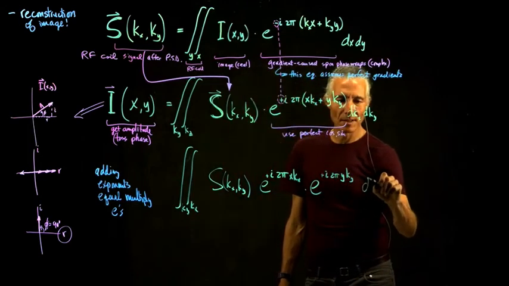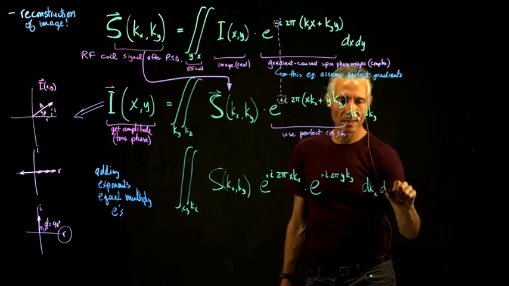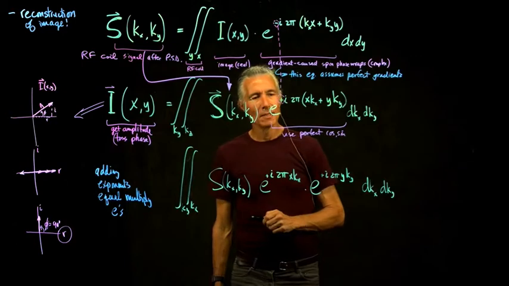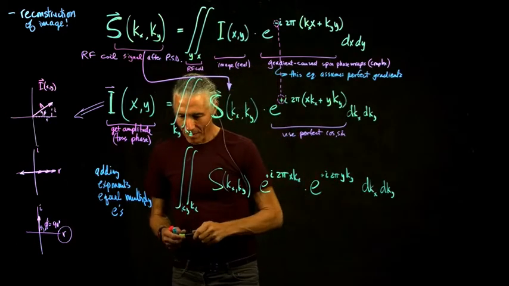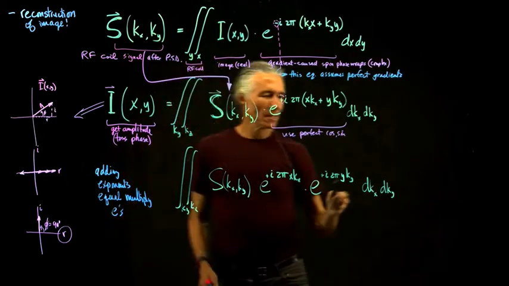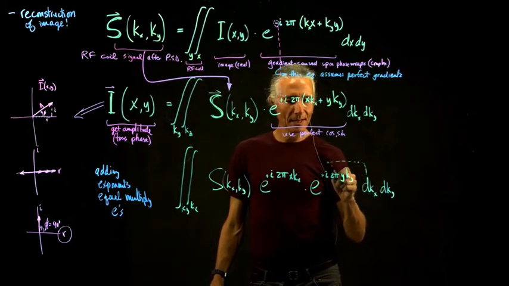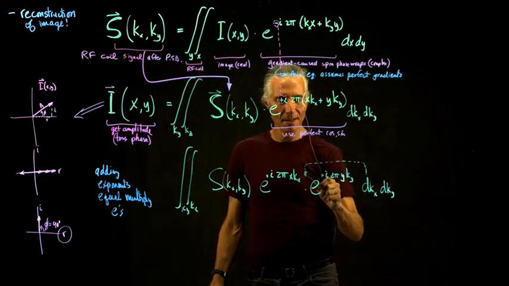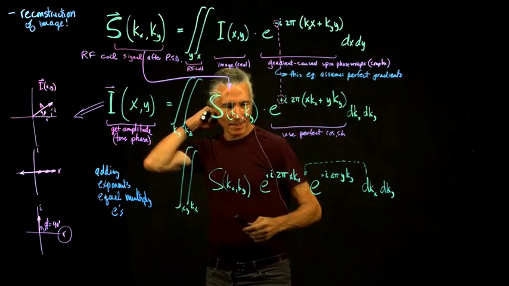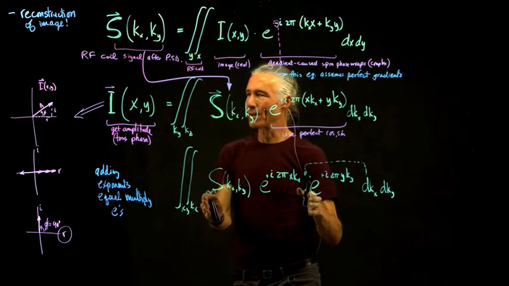And then we have this for every x and y point in k-space. So then if we just move this term into here, we can see that this is just a 1D Fourier transform.